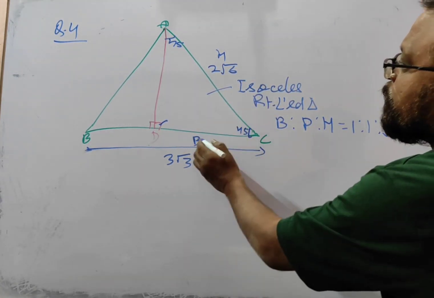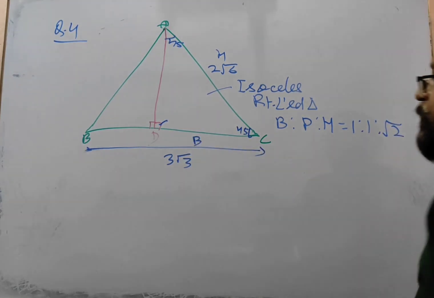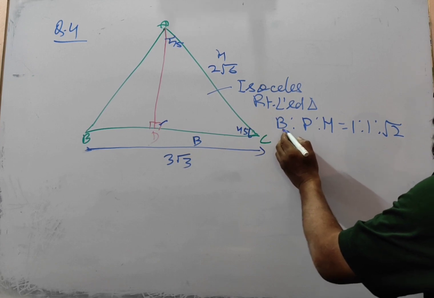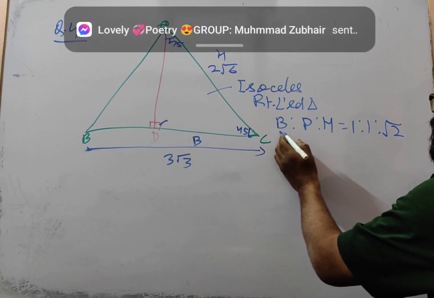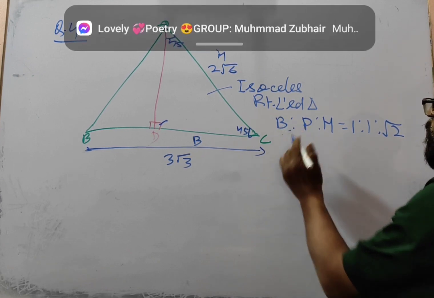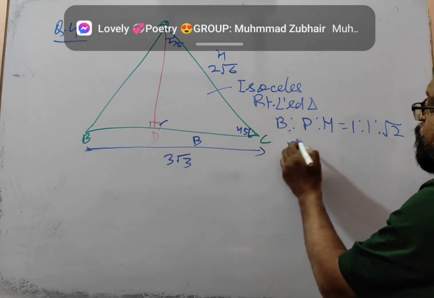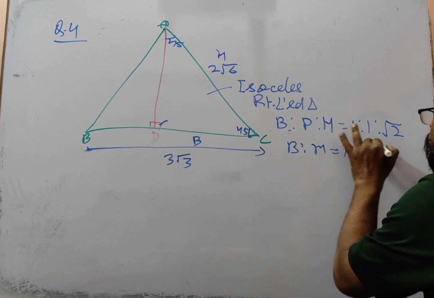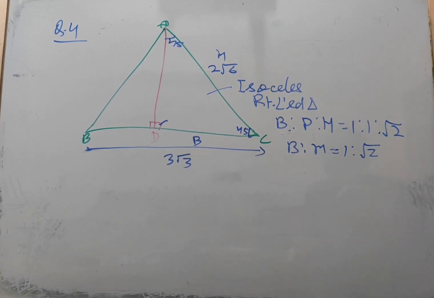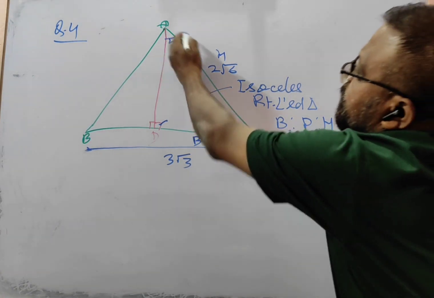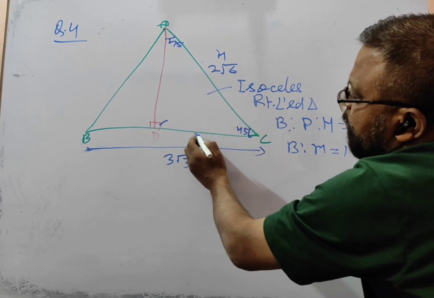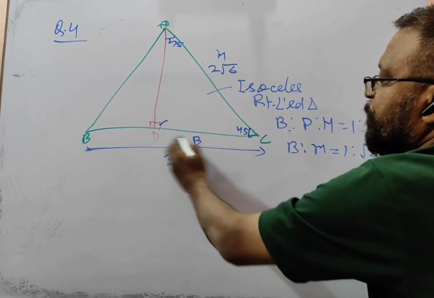If we want to get CD first, we take these two in consideration first. So B ratio H is equal to 1 ratio root 2, since in this triangle the hypotenuse is given, and first we are finding this CD base.